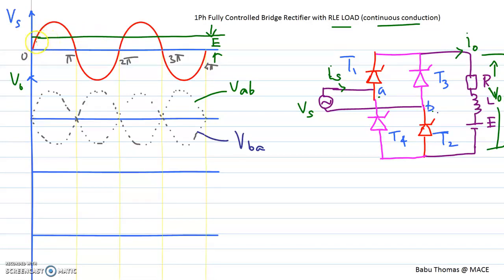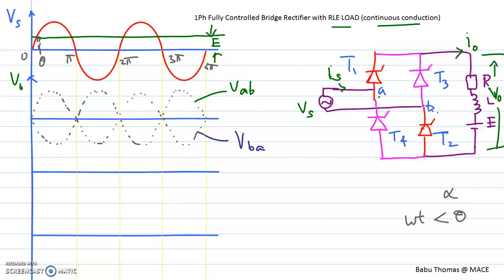But you also just imagine this particular factor. So this I am going to write as theta. The intersection of your EMF E and your source voltage, I am going to mark as theta. Now imagine that I fire my thyristor at an angle omega t less than theta. Below theta, the source voltage Vs is lesser than your EMF E at the load side.